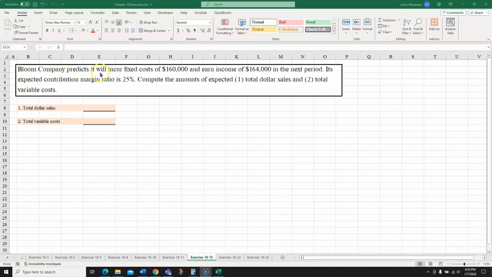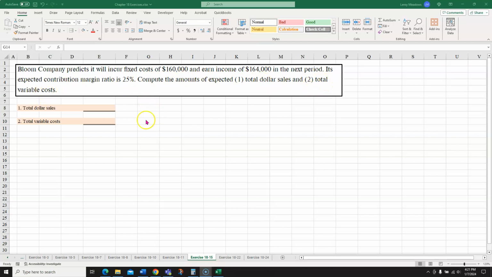Bloom Company predicts it will incur fixed costs of $160,000 and earn income of $164,000 in the next period. Its expected contribution margin ratio is 25%. Compute the total amounts of expected 1, total dollar sales, and 2, total variable costs.